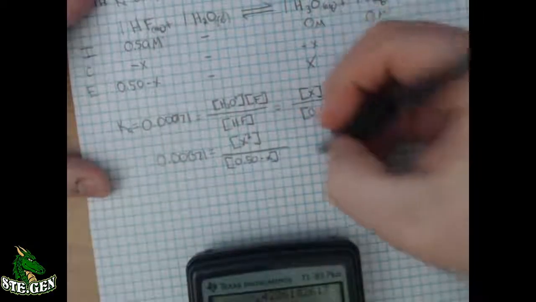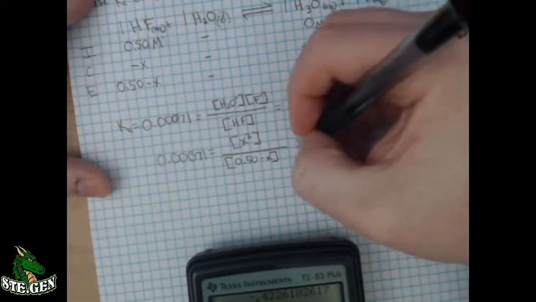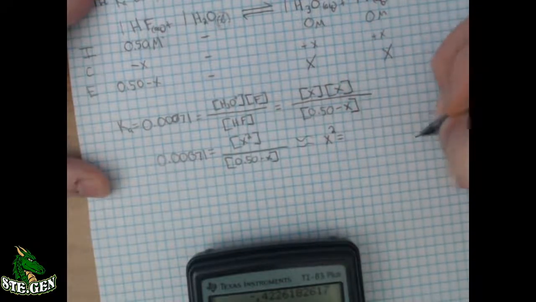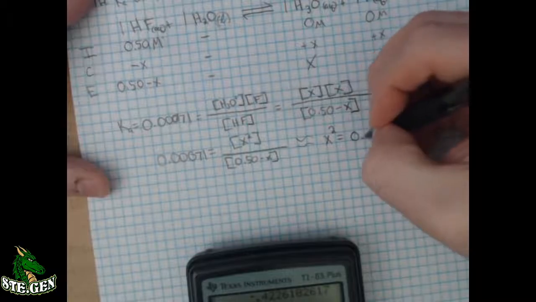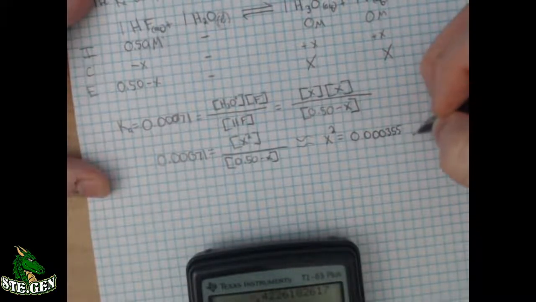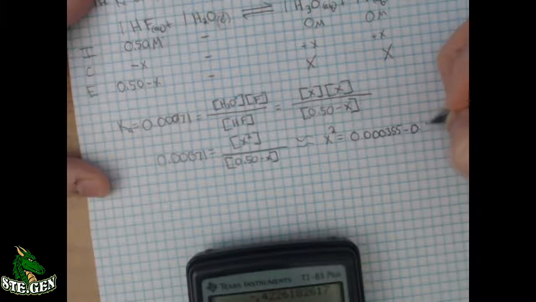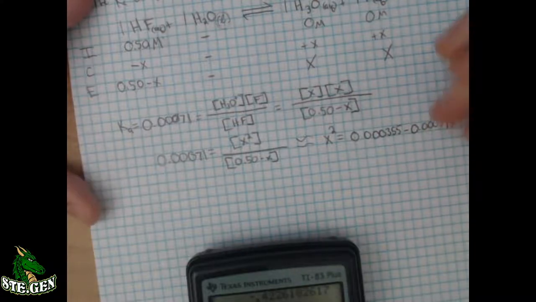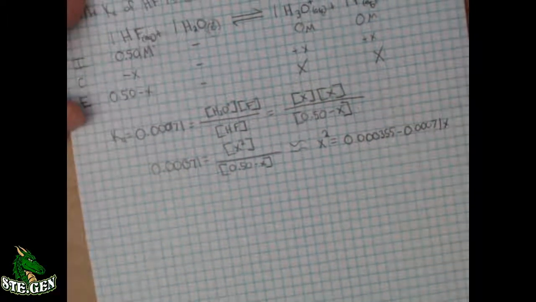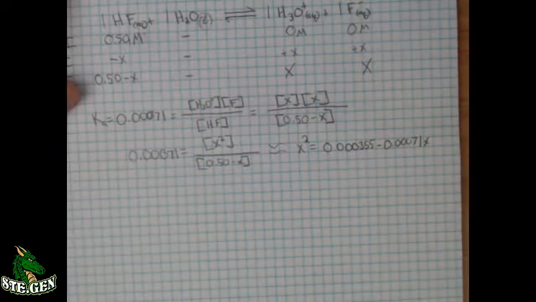We will get, I'll do my little equivalency sign, x squared equals 0.000355 minus 0.00071x. And now, we don't really have any way of eliminating anything or doing anything really nice to fix this, which unfortunately means we are going to have to do a quadratic equation for this one.